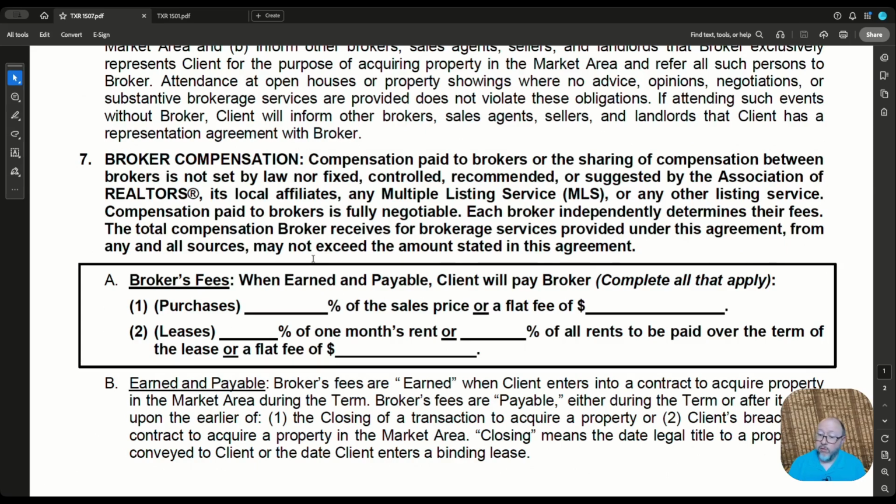So you could negotiate, let's say, a flat fee of $1,000 for your services under this agreement. If you then get to a situation where a seller says, hey, I'm fully willing to pay the buyer's agent's compensation, and I'll pay up to $5,000.